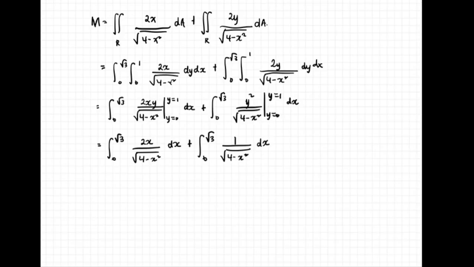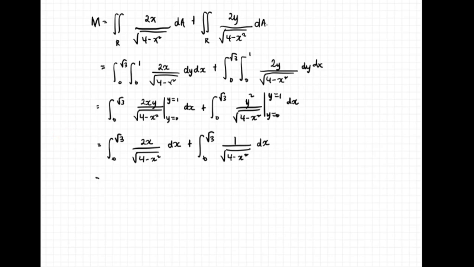So for the antiderivative, notice here that we'll basically use a simple substitution of 4 minus x squared since its derivative is negative 2x dx. So what we have here would be something of the form negative u raised to minus 1 half.